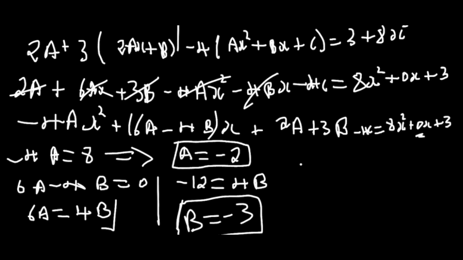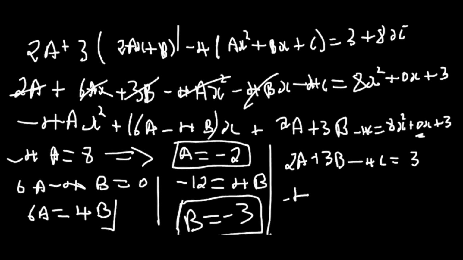Now in the third case, we have 2a plus 3b minus 4c equal to 3. We already have the values of a and b, so we want the value of c. So we simply input our values.